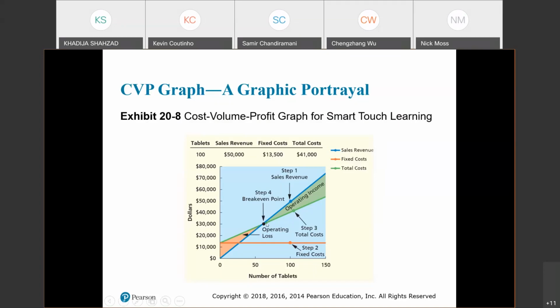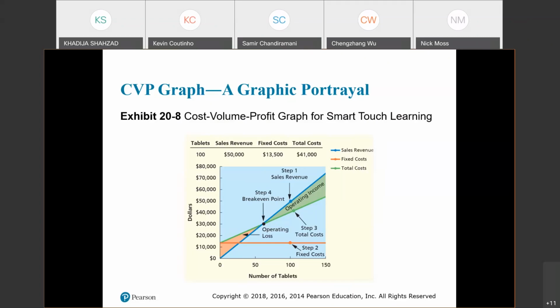And again, the break-even point is the level of sales where operating income is 0. If the sales is below this point, the company will suffer a loss, which means the sales revenue is not able to cover the fixed cost.